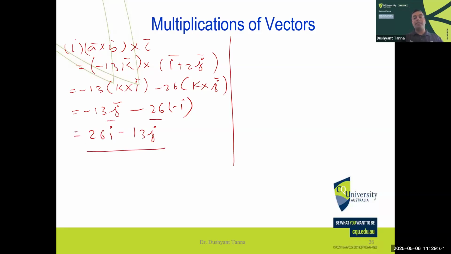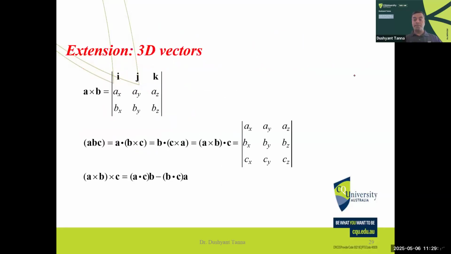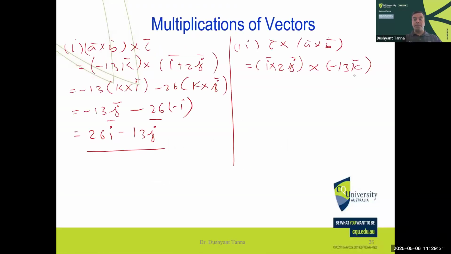And now I'll swap the vector: C cross A cross B. i plus 2j cross minus 13k. That is, okay. i j k, right? So it's not i to j, j to k, and k to i.